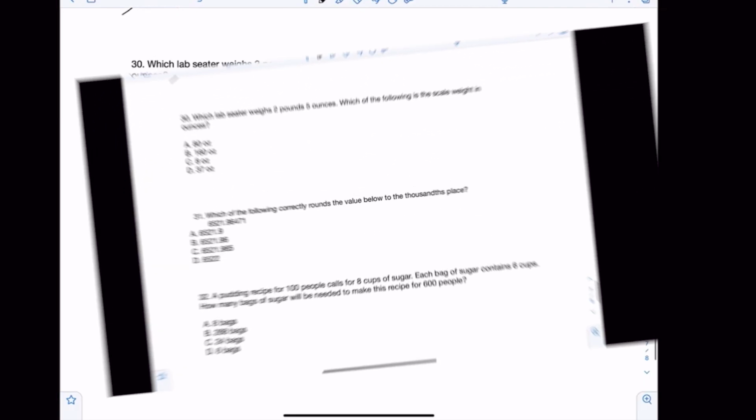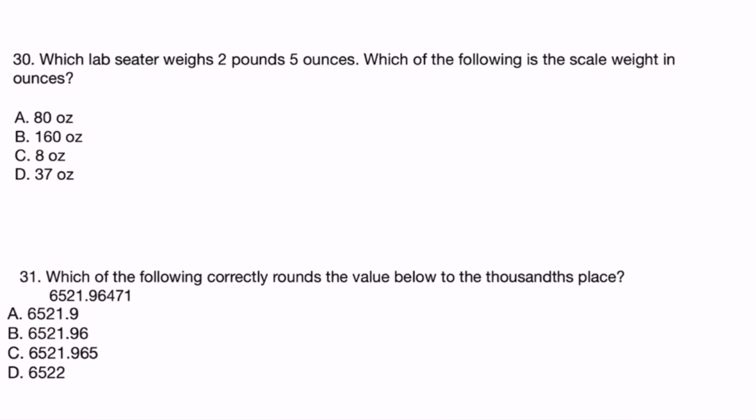Number 30. A lab cedar weighs 2 pounds and 5 ounces. Which of the following is the scale weight in ounces? Okay, so we want to look for ounces. The first thing we should know is 1 pound is equal to 16 ounces.